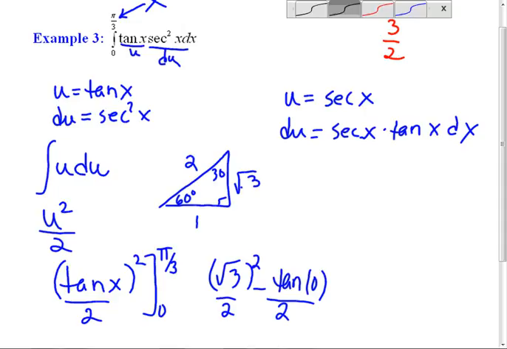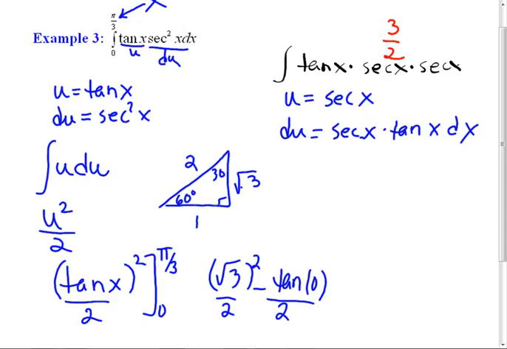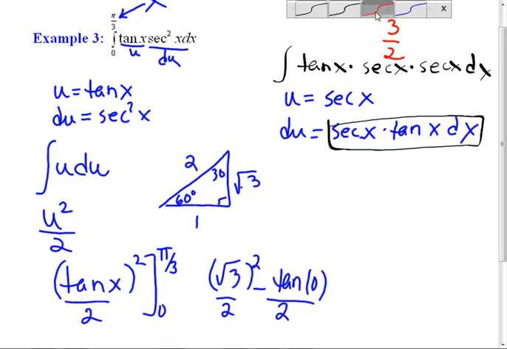Let me rewrite this. I'm just going to get rid of the 0 and pi over 3 right now. I have a tangent of x times the secant of x times the secant of x dx. Secant times tangent and the dx, all of this together is what?